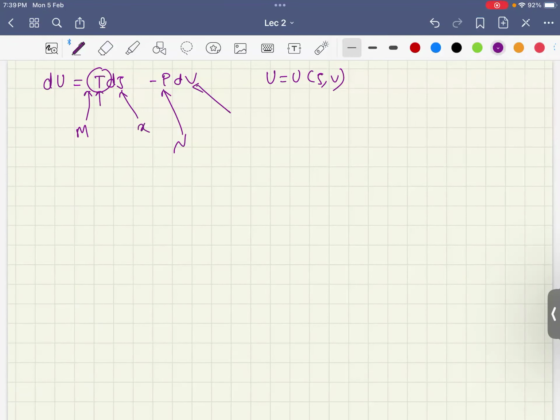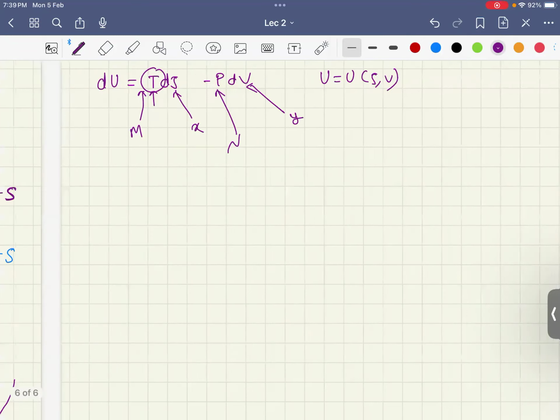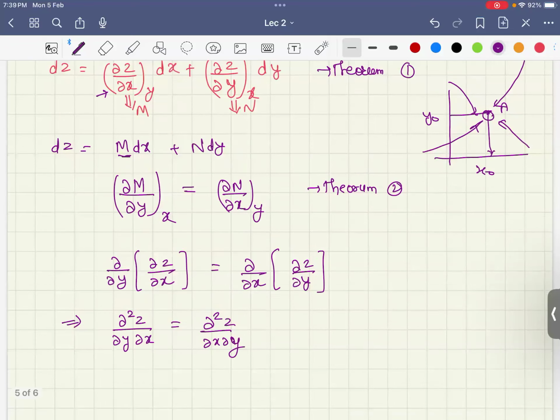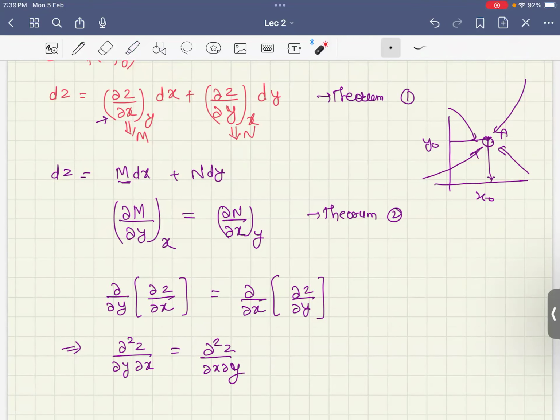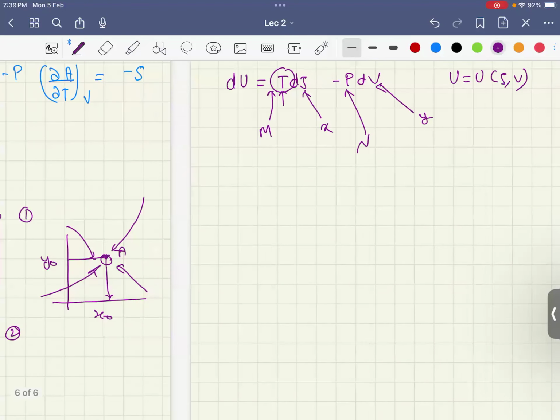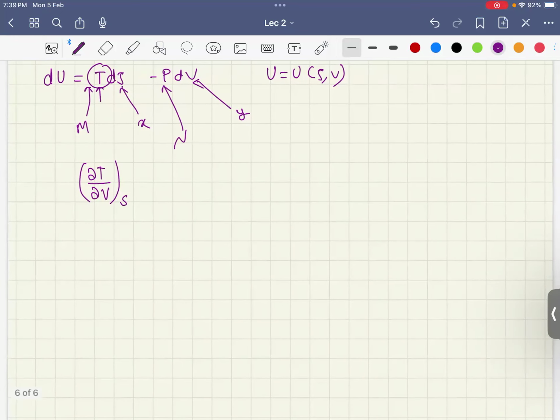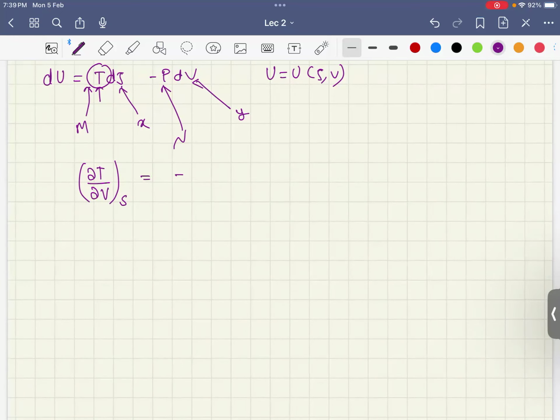Now what we have is dou m by dou y, and this has to be the same. That means dou T by dou V at constant entropy has to be equal to minus dou P by dou S at constant volume.